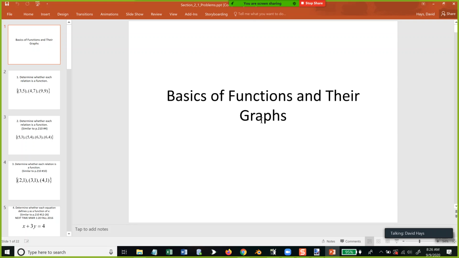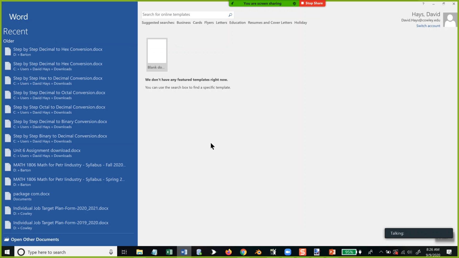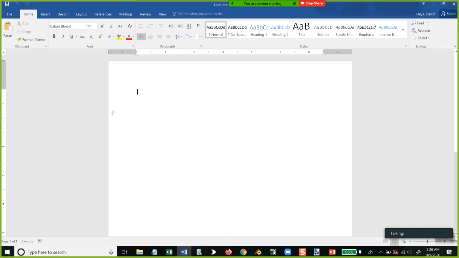This is basics, functions, and their graphs. Now we have something called a function, and this says for every x, there is only one y. Specifically, we'll be thinking about points to begin with, but then we'll extend that.